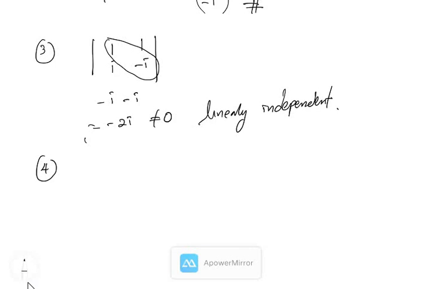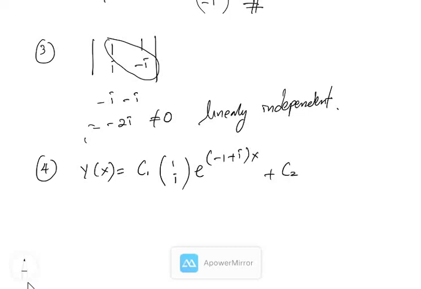So based on the formula, we get the general solution y(x) equal to c1 times the eigenvector 1 and i, e^((negative 1 plus i)x).